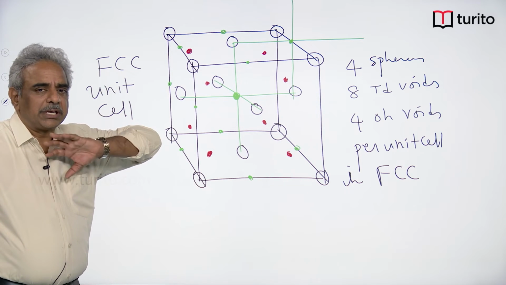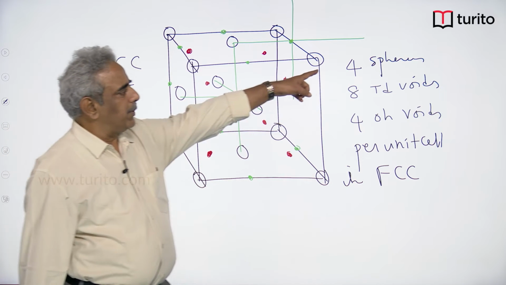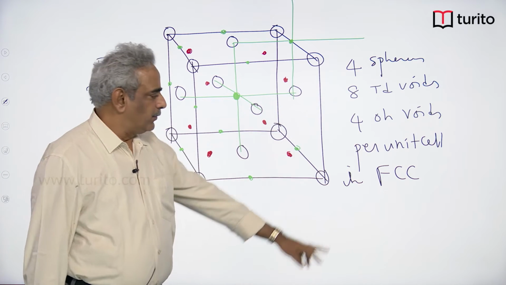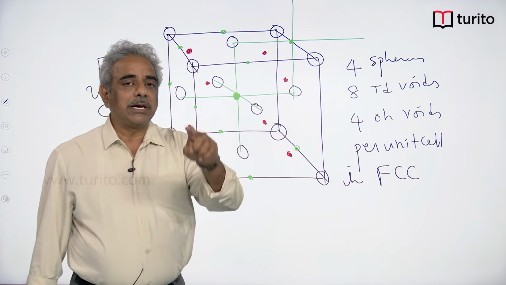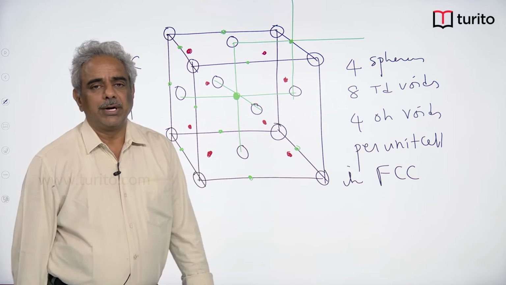This information is extremely important. Students should always keep in mind, every 4 spheres in FCC arrangement can generate 4 octahedral voids, 8 tetrahedral voids.